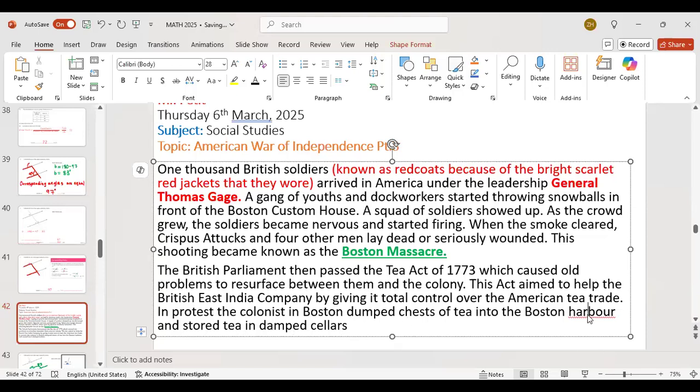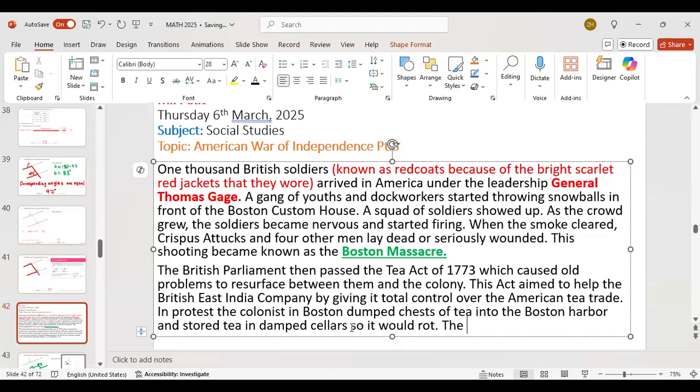Like the same thing they used to do with wine. They're trying to age it, to ferment it. So it could rot, and so it wouldn't be good anymore. The Americans dumped the chests of tea into the harbor, and some of them they stored in a damp cellar, so it wouldn't be good anymore.